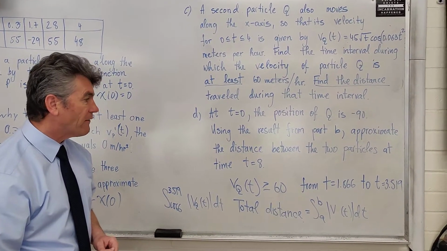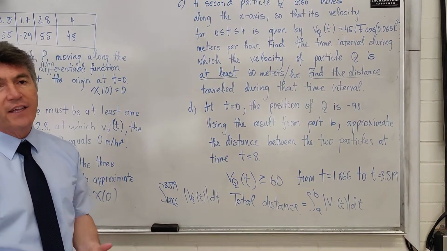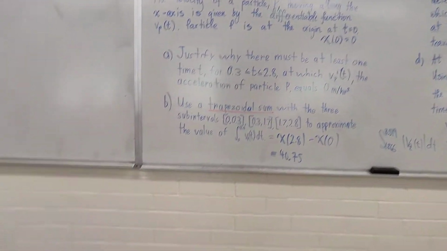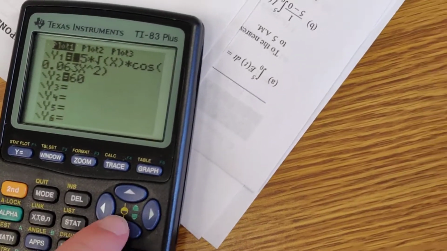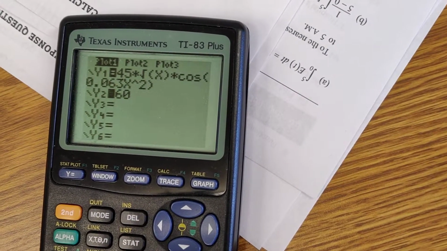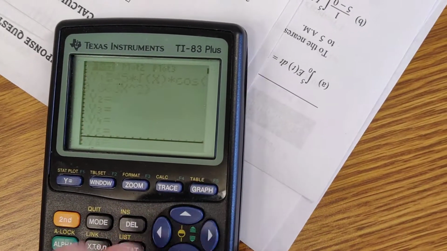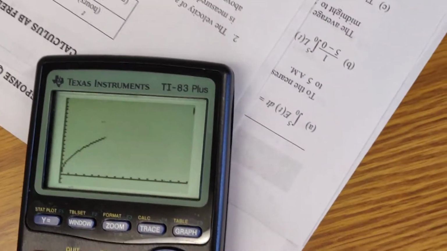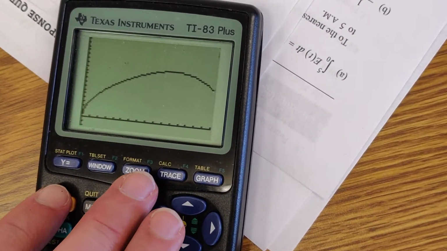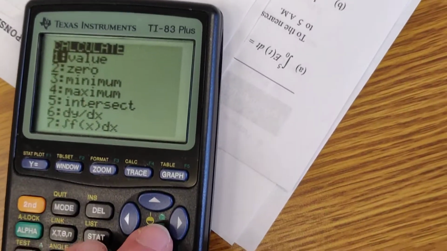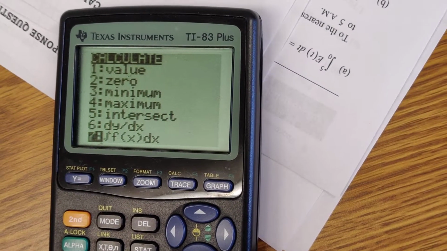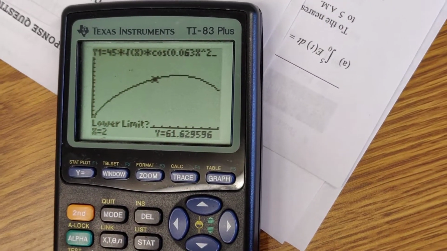So let's use our graphing calculator to find the distance traveled, and then we'll be done with this problem. We go to y equals. We do not need y equals 60. We clear, we graph. Calculator takes a little bit of time, no problem. We press second and calculate. And then we want to find the area underneath the curve, which represents the total distance. Again, I do not need the absolute value bars.